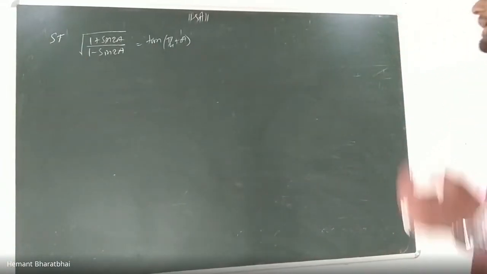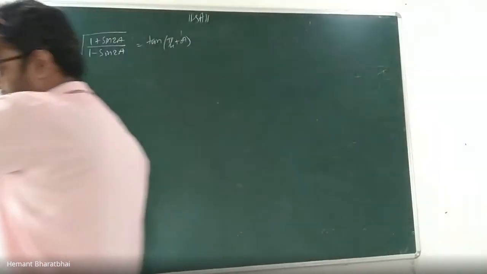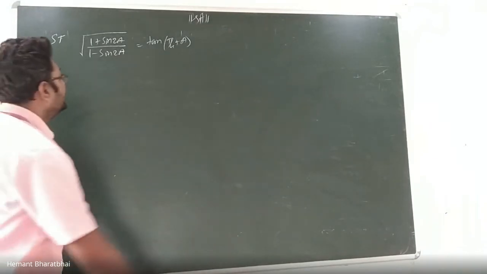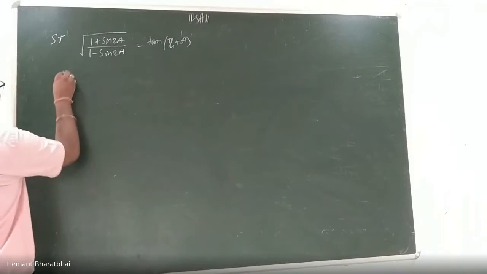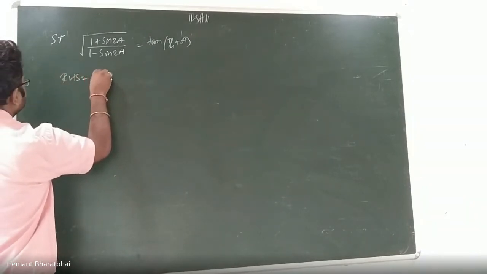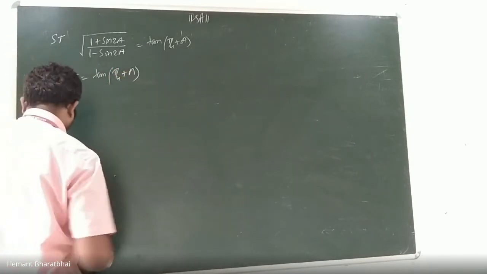So we can start with LHS also, or we can try out with RHS also, or we can solve both halves and then we can prove. Let's see what we can do. I'm taking RHS over here. Tan of pi by 4 plus a.